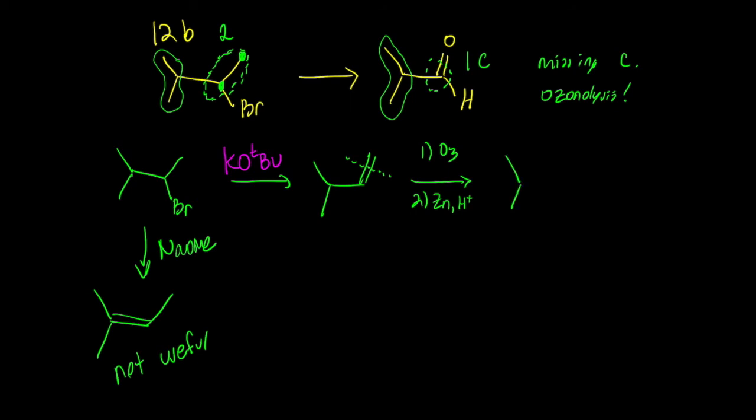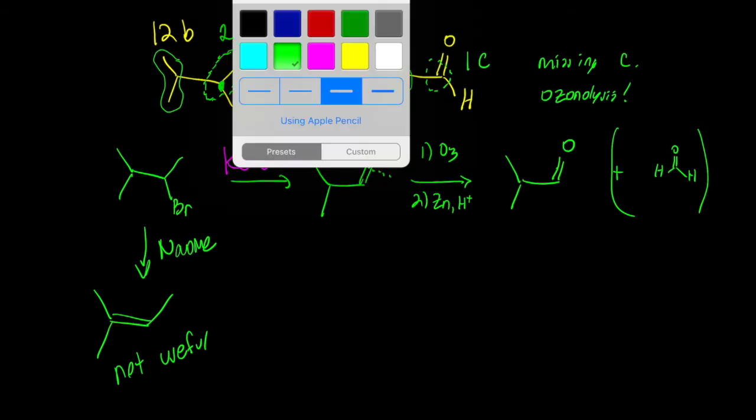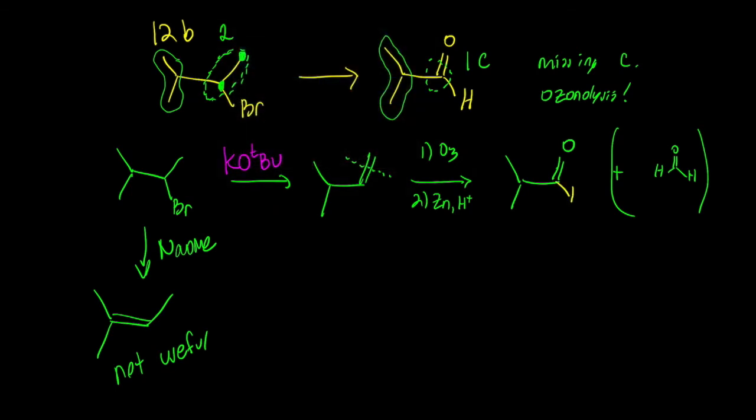And that will give us an aldehyde. Formaldehyde is where that other carbon comes from, but we don't really draw that. Now keep in mind we generally draw that aldehydic hydrogen. We draw that H.